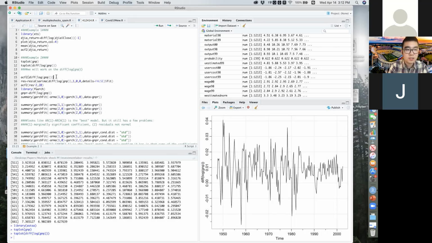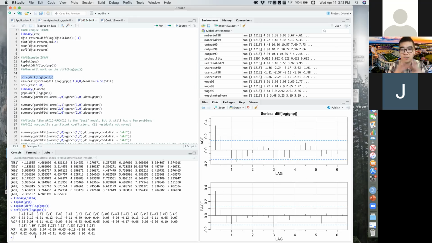All right, let's recall our first step. Our first step is to look at the ACF of the raw data. That's what we got. You can see that the PACF cuts off at lag 1, so that implies we might consider just an AR(1) model.